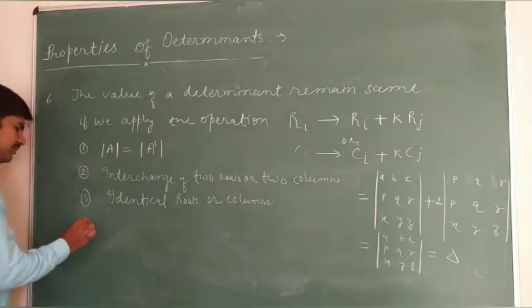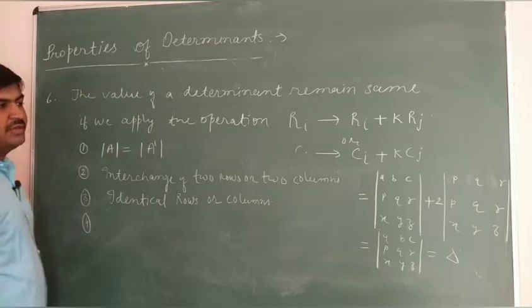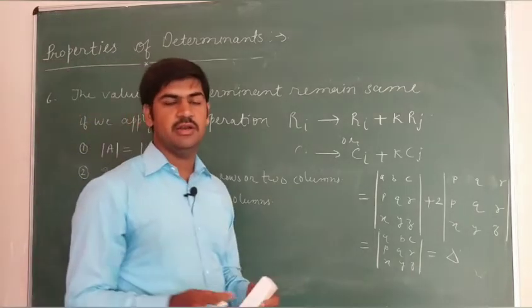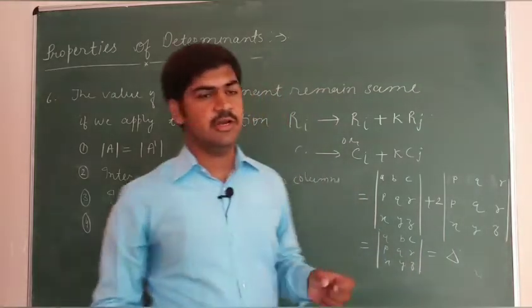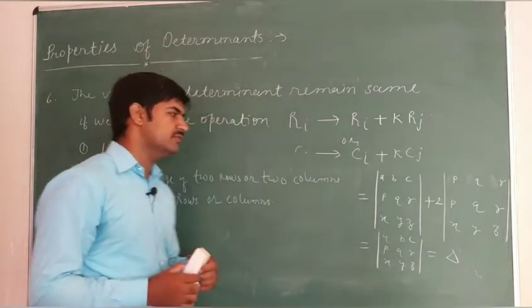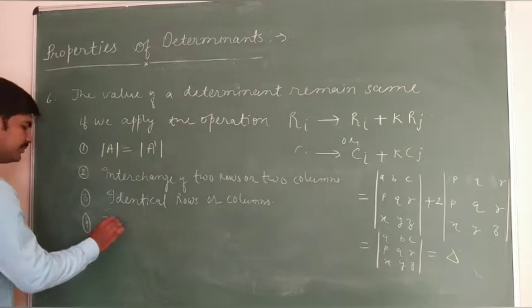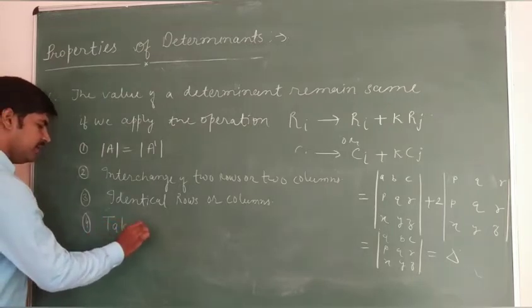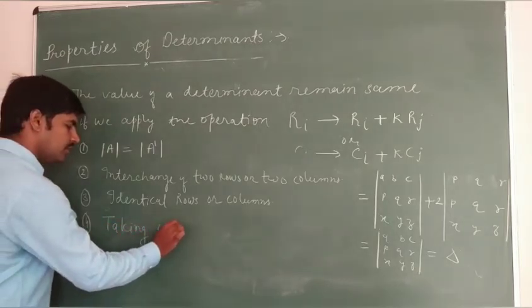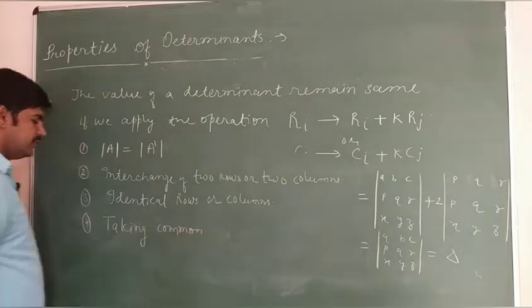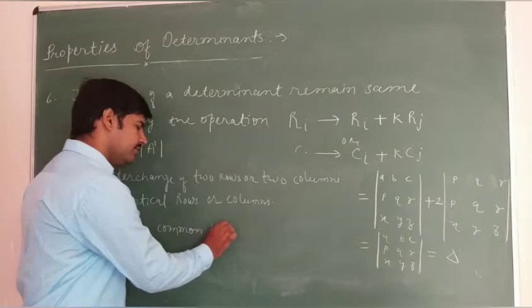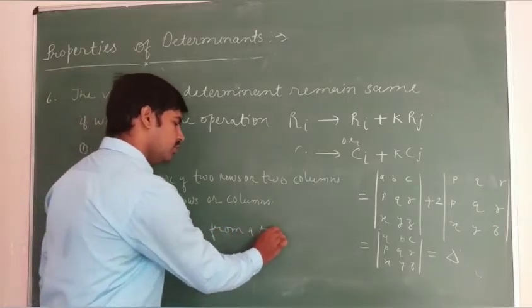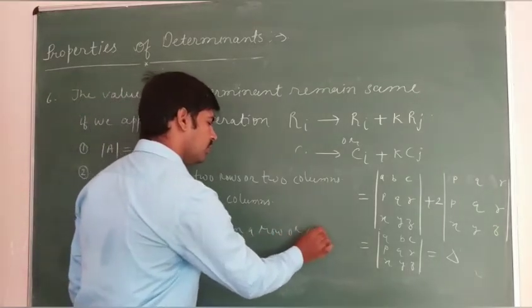The fourth property of determinant, students, is if there is something common in all the elements of any row or any column, that particular number can be taken common out of the determinant. So it is about taking common. The fourth property is about taking common from a row or column.